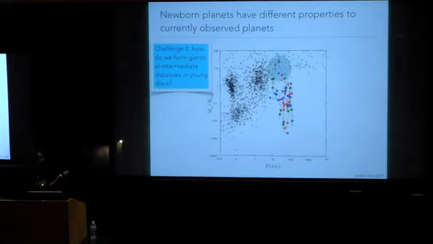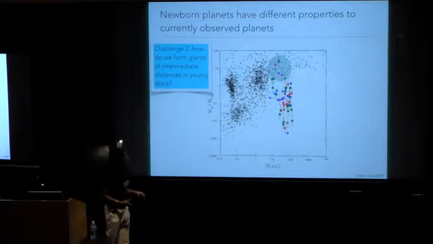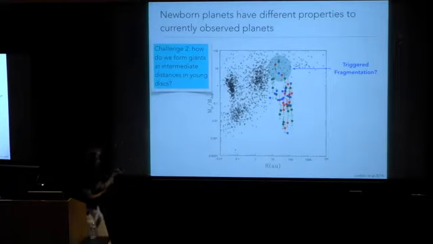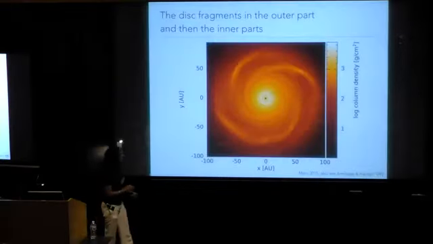And the question is, how do we actually form these giant planets at intermediate distances? They're massive, they're reasonably far out that it might be somewhat difficult to form these by pebble accretion. They're not so far out that we can form them by gravitational instability. So what I'm going to suggest is that perhaps the idea of triggered fragmentation could contribute to this. So what actually is triggered fragmentation?